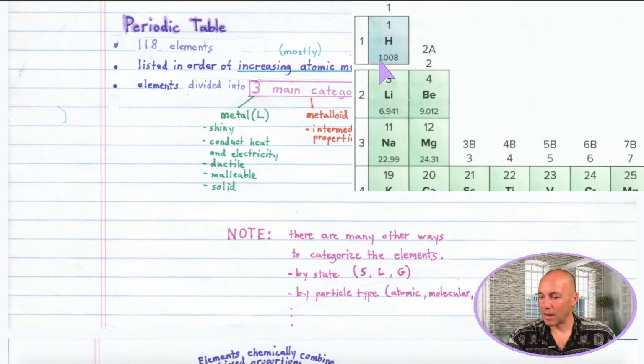Hydrogen atoms all weigh 1.008 atomic mass units. An atomic mass unit is very small. It's much smaller than a microgram or a nanogram. So this number down here tells you how heavy hydrogen atoms are. They're 1.008 atomic mass units.